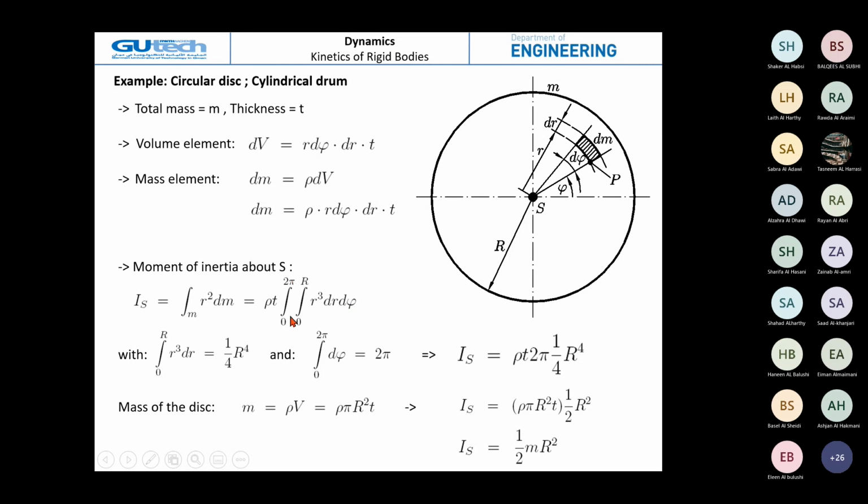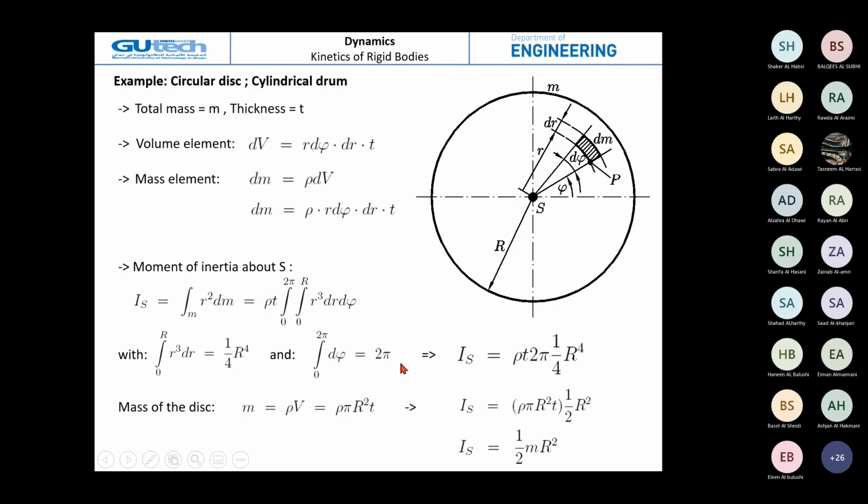We take the part which depends on the radius, r cubed dr, and if we integrate we get r to the fourth over four. Now the second one depends on dphi, the integral of dphi from 0 to 2 pi, and we get 2 pi.